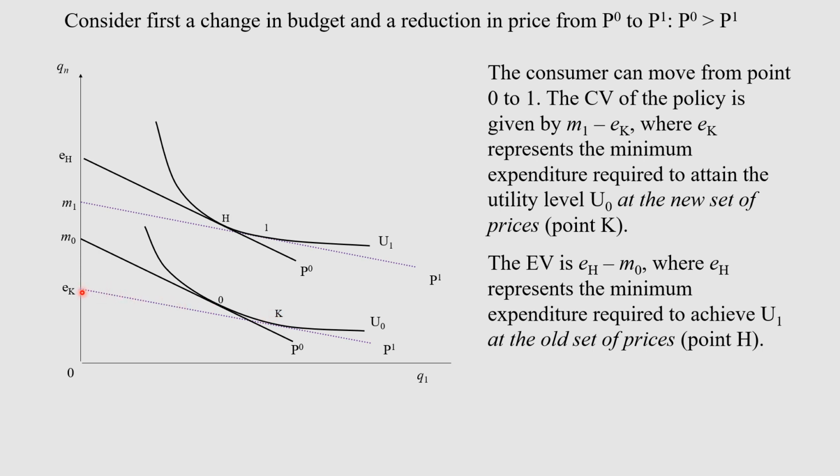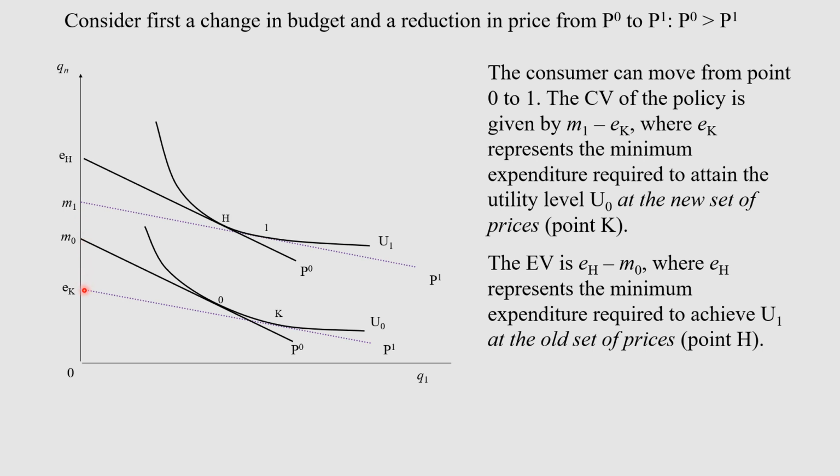So in other words, the consumer is looking at U0. U0 is their original property right, and it's the difference between being on U0 at P1 versus being on U1 at P1, and that difference would be the compensating variation.